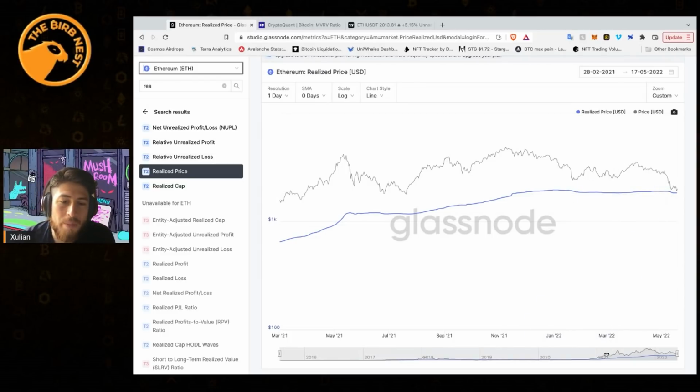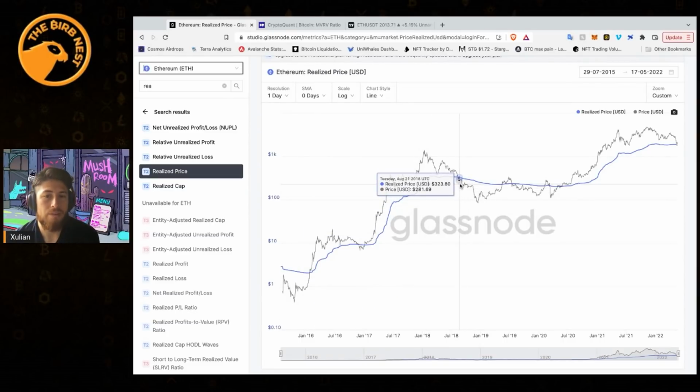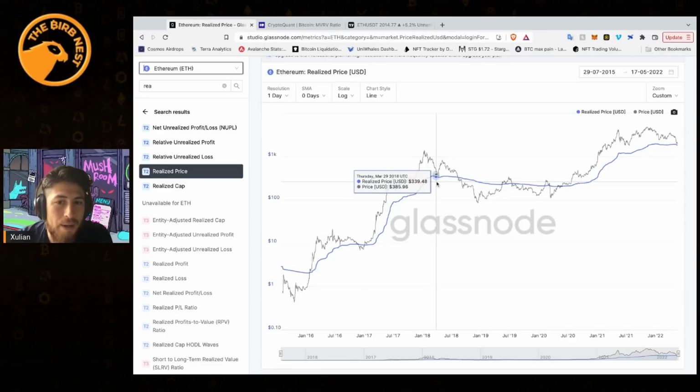If we zoom out and get a full history of Ethereum, we can see that after 2018, it didn't break below the realized price. It first had that bounce in April, and then finally broke below in August. And we had that long bear market, that long bottoming pattern similar to Bitcoin on that realized price.